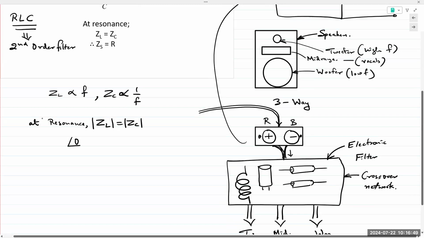However, the phase for the inductor would be exactly 180 degrees out of phase. ZL and ZC are out of phase by 180 degrees.